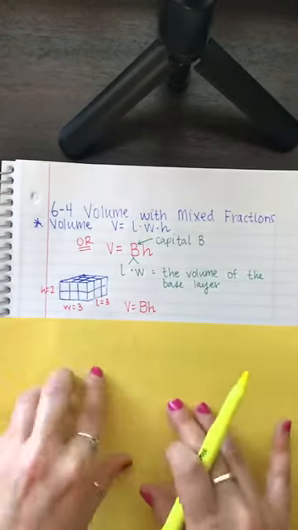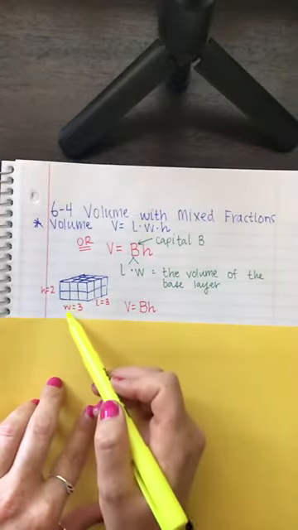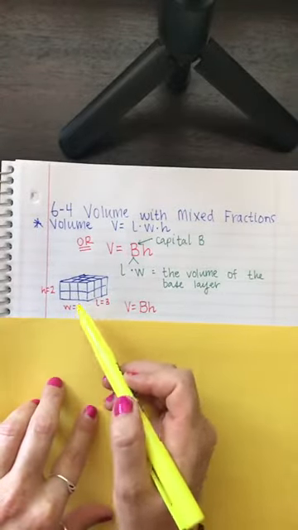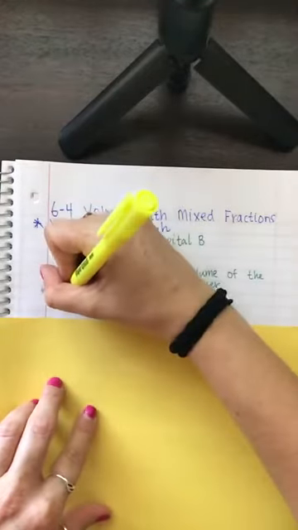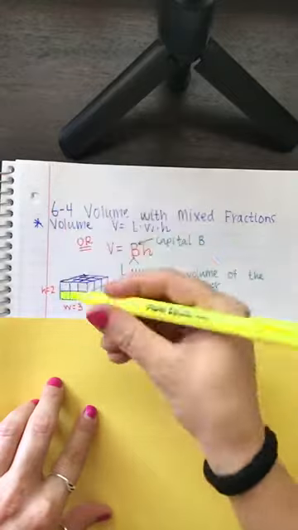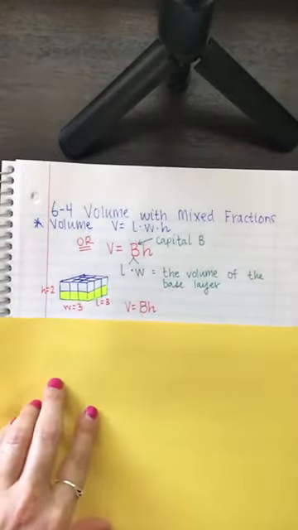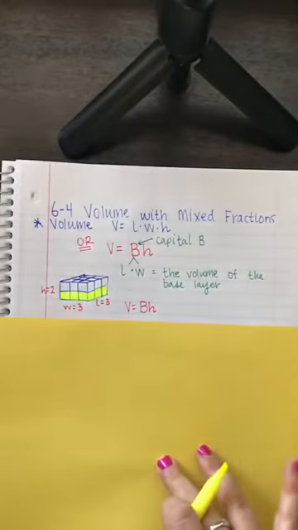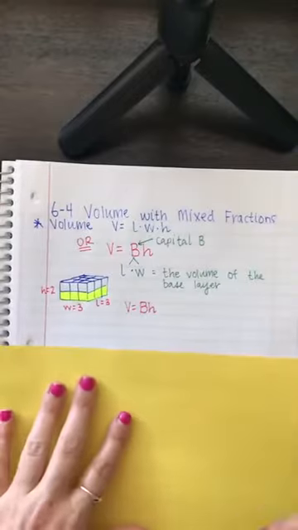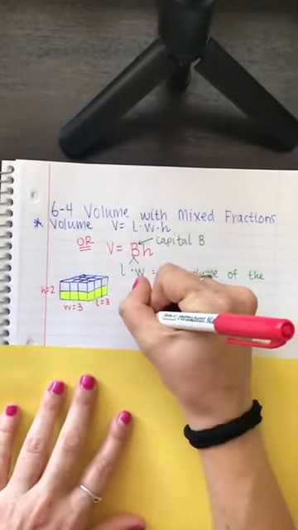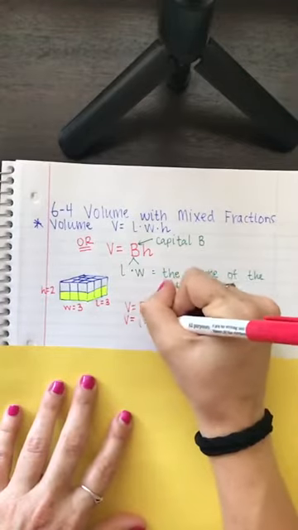For instance, if I have this figure right here, my width is 3, my length is 3, and my height is 2. So my base is right here. It's all of the cubes or all of the units that make up this bottom layer. If I wrote that out, I would have volume equals B, which would be my 3 times 3.